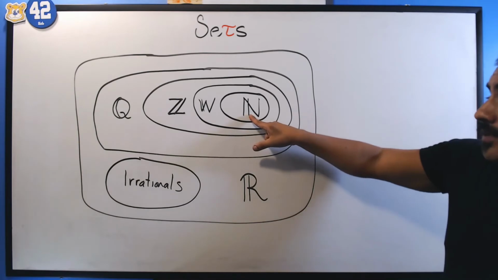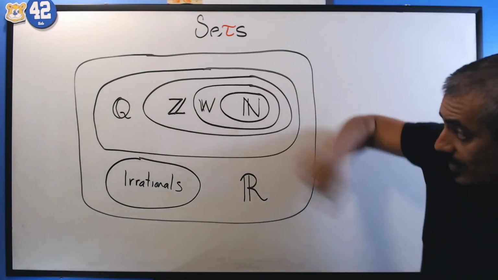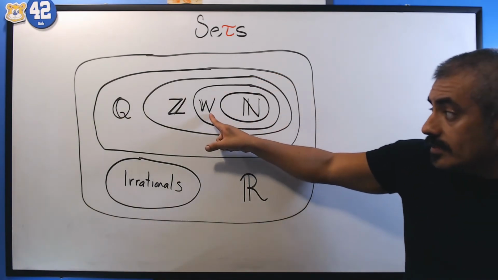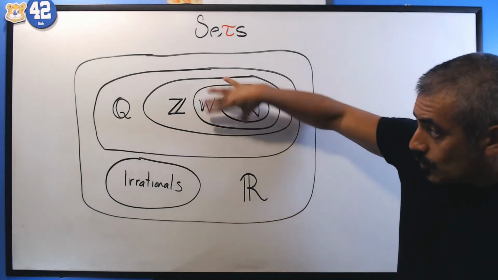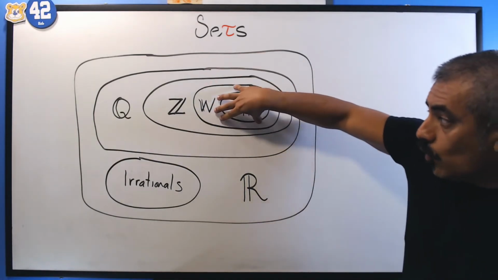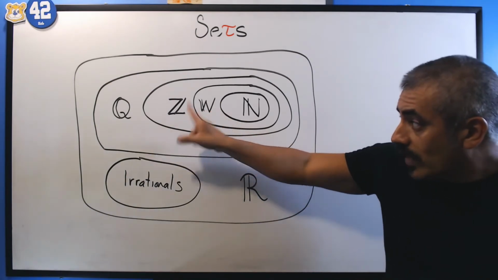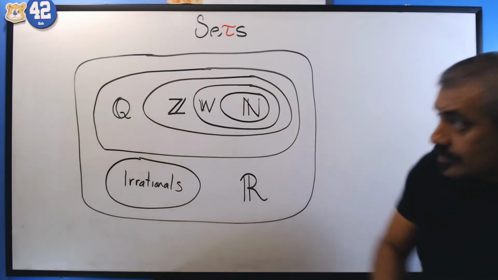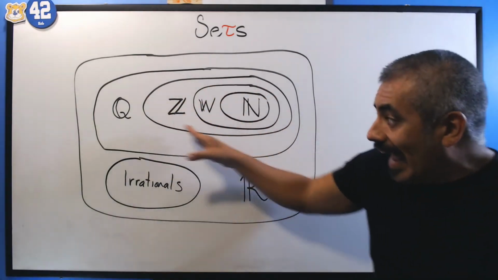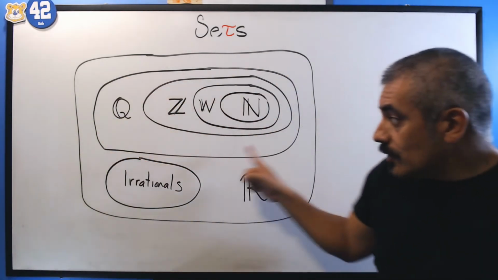The natural numbers, as you can see, are this innermost set, and then we extended it to the whole numbers. So that means that all natural numbers are whole numbers. And then we extended that one to the integers. So that means that all whole numbers are integers. And then we extended that one to the rationals.